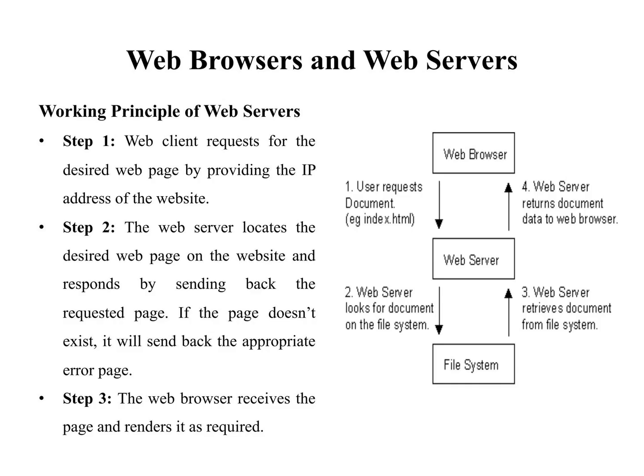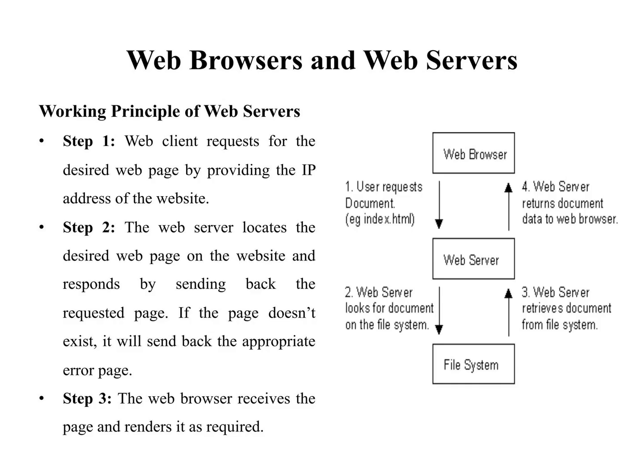On the right side, we see one diagram showing the communication between the web browser, web server and file system. First, the web browser sends the user request for a document to the web server. Then the web server looks for the document on the file system, if it is available.